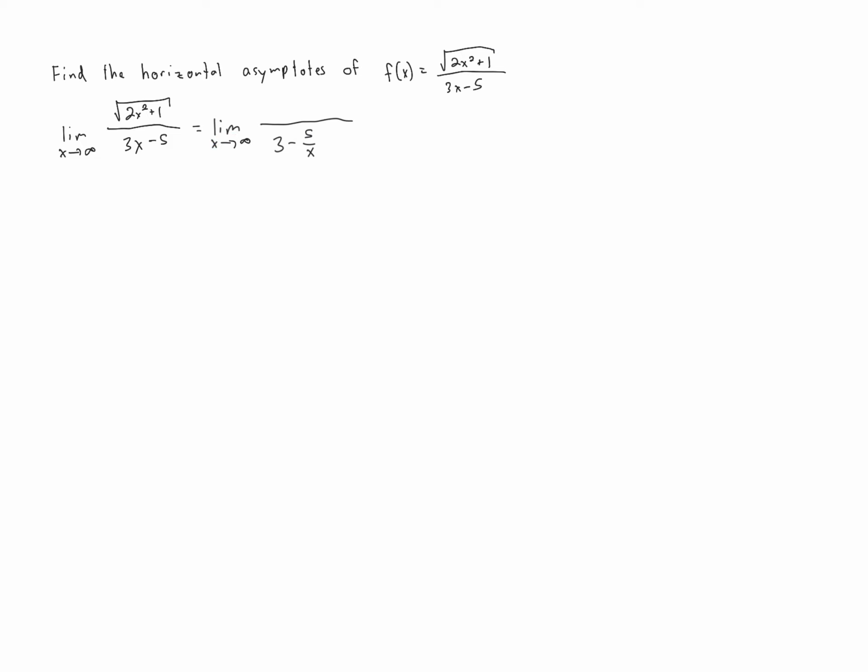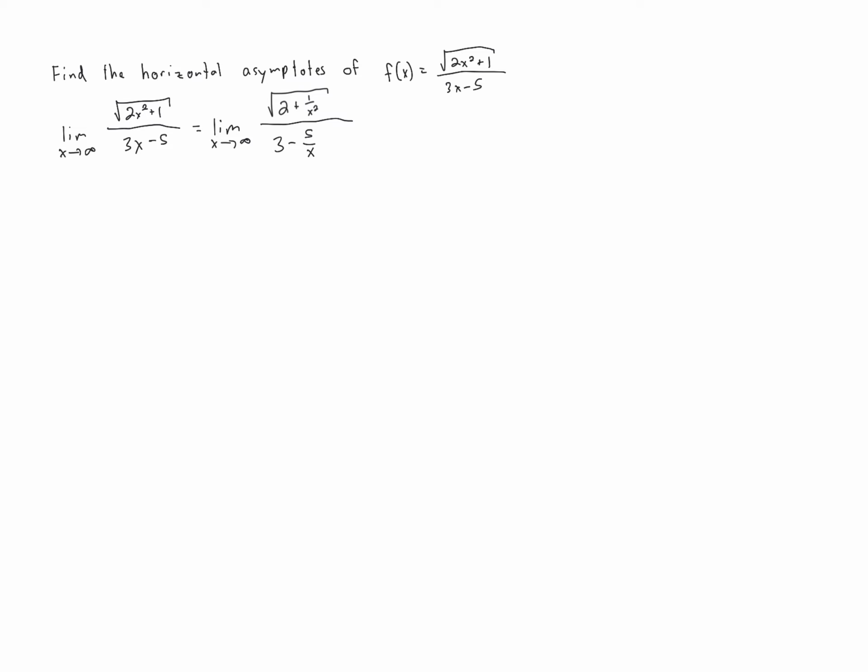We know x is positive in this situation. So that ends up causing us to divide the inside of the radical by x squared. So that's going to be 2 plus 1 over x squared inside that radical.